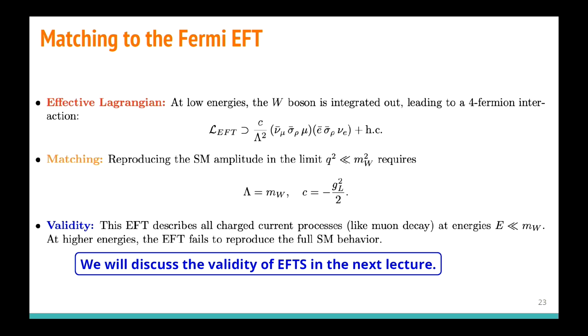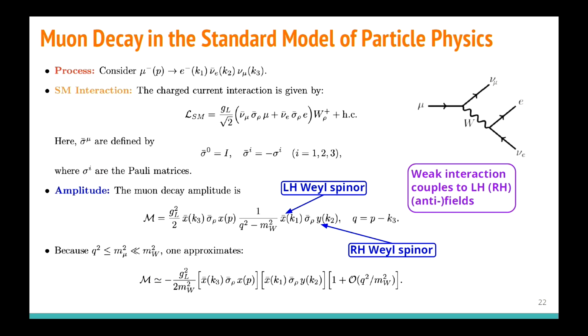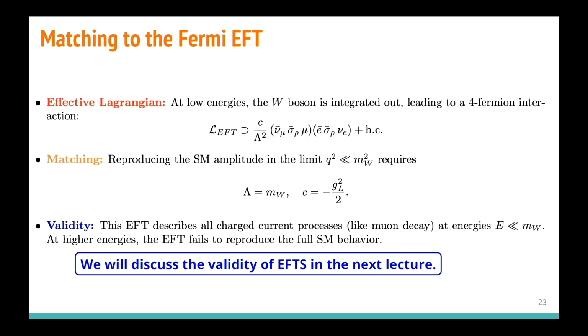So in order to match these two, we are matching this amplitude with the amplitude that would come about from here. So we would see that we would be able to match the scale Lambda with the mass of the W boson, and we will be able to match the Wilson coefficient as minus of g_L squared by 2.